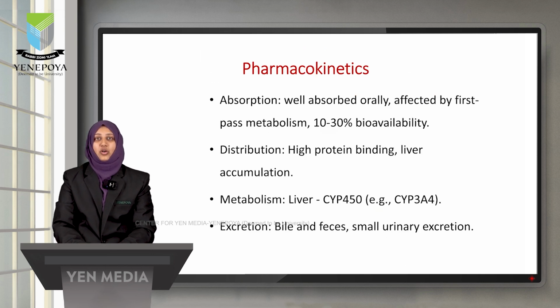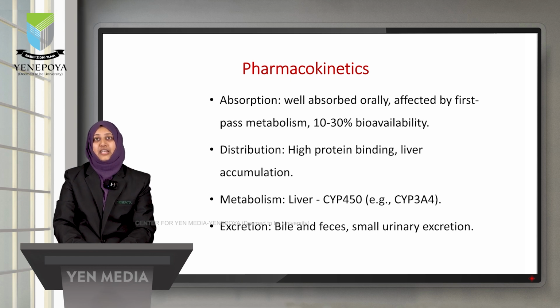What are the pharmacokinetics of statins? Statin drugs are well absorbed orally. As statins are taken through oral administration, they are affected by first pass metabolism. Due to that, bioavailability decreases to around 10 to 30%.